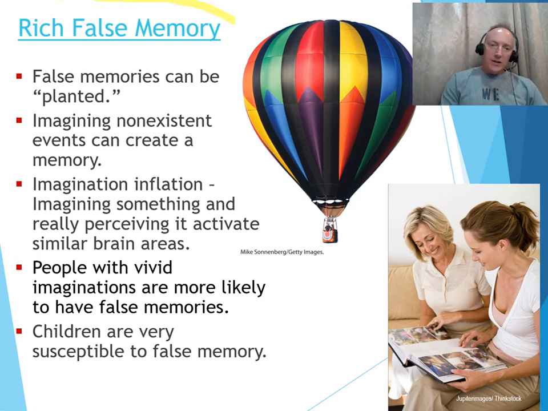You have a link here to a video about research on rich false memory, where they convinced over half of the participants in a study that they took a hot air balloon ride as a child when they really didn't.